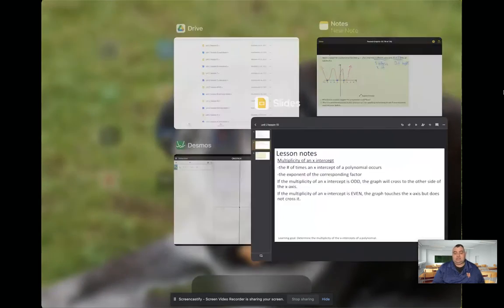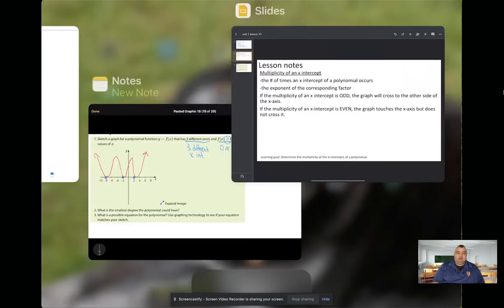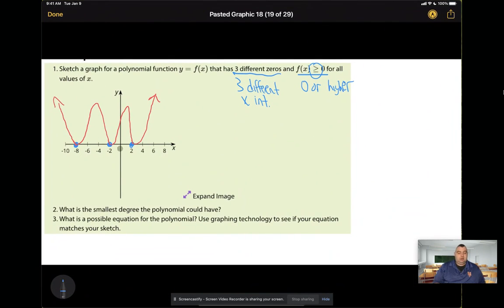If we go back and look at our lesson notes, it says here, if the multiplicity of an x-intercept is even, that means the graph touches the x-axis but does not cross it. So that tells me that each of these x-intercepts has to have an even multiplicity, which means the lowest number of times they could occur is twice. So this could have a multiplicity of 2, this could have a multiplicity of 2, and this could have a multiplicity of 2, because that's the lowest even number.